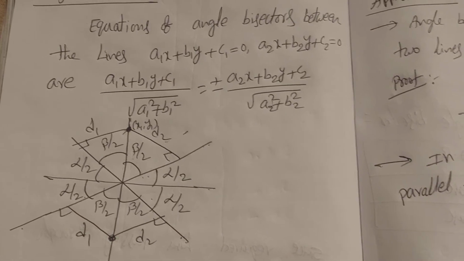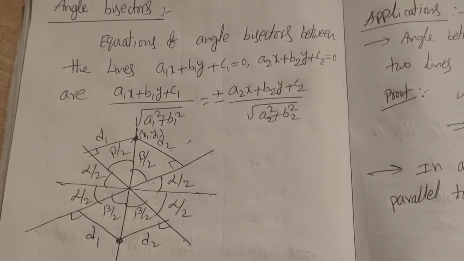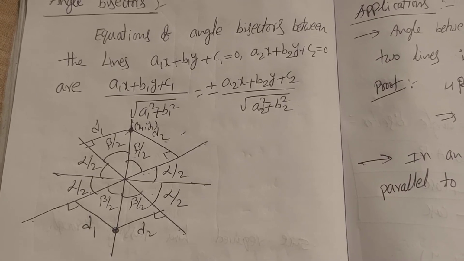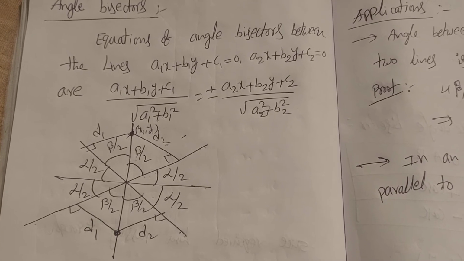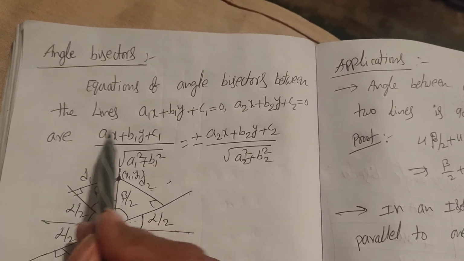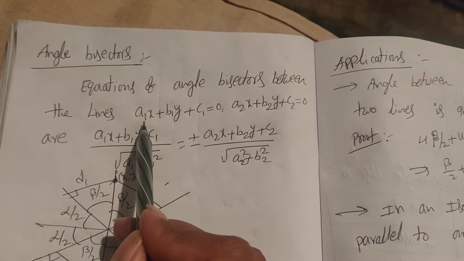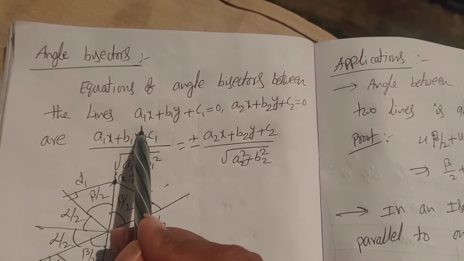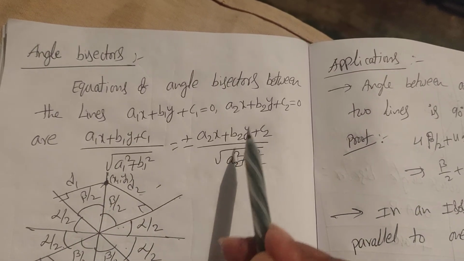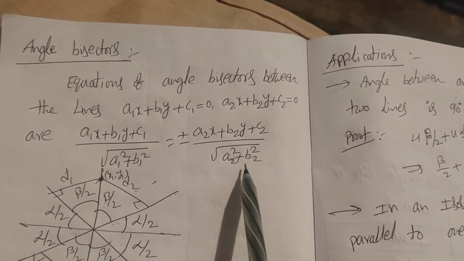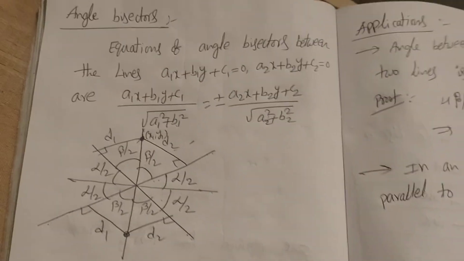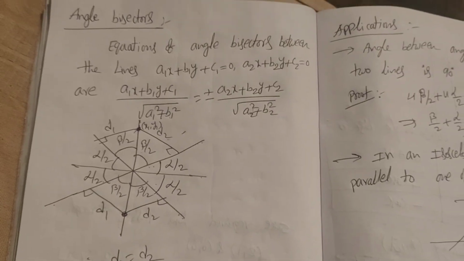We will discuss that later. For now, just remember the equations of angular bisectors between the lines a1x plus b1y plus c1 is equal to 0, a2x plus b2y plus c2 is equal to 0: (a1x plus b1y plus c1) by root over a1 square plus b1 square, the square root of the sum of the squares of the coefficients, is equal to plus or minus. For the second equation, likewise write the square root of the sum of the squares of its coefficients. Okay, you can write it easily, a very easy concept.